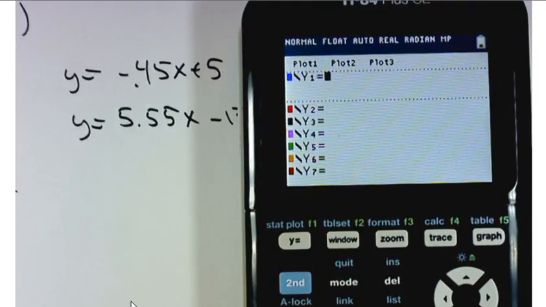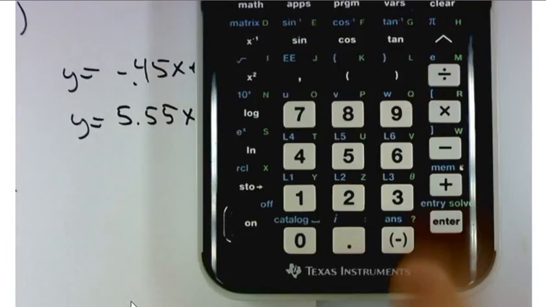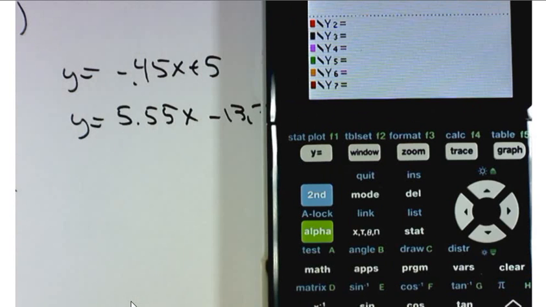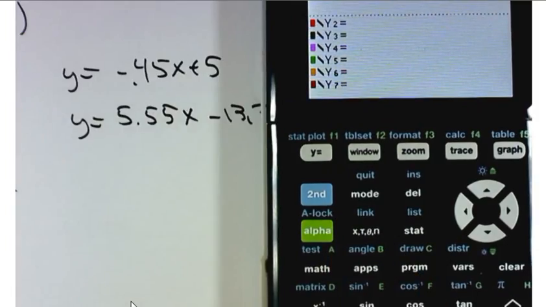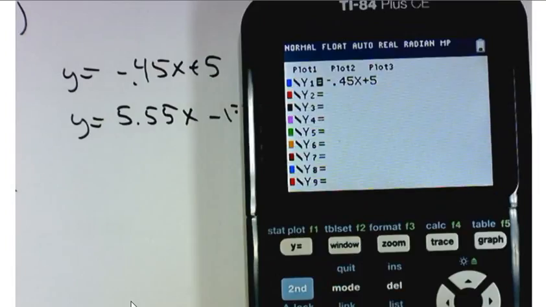Use the negative key on the bottom row of your calculator, not the subtraction key. Negative 0.45x next to the alpha key. Plus 5, that's your first equation. And then 5.55x minus 13.7, that's the second equation.